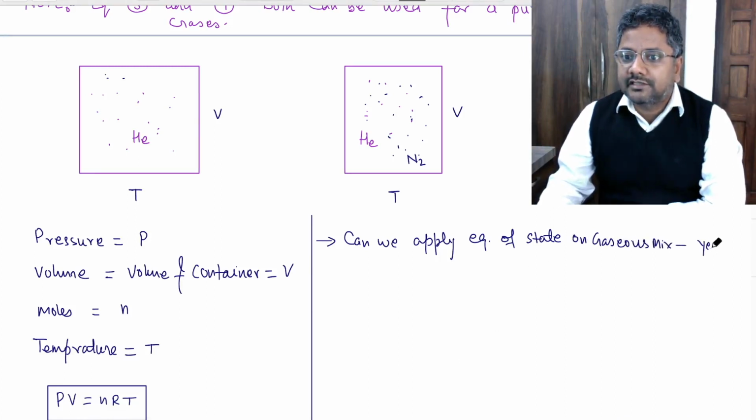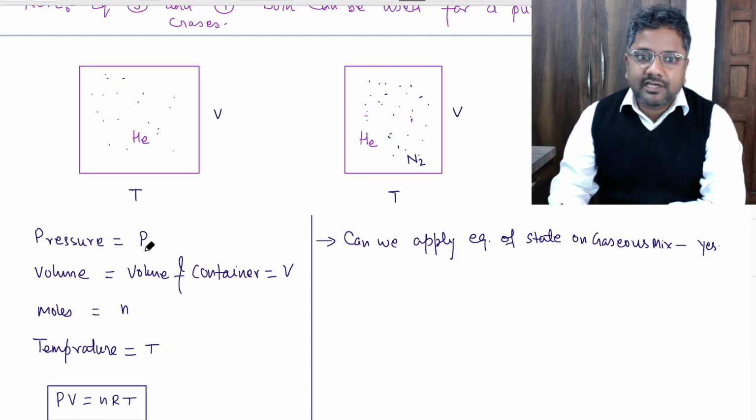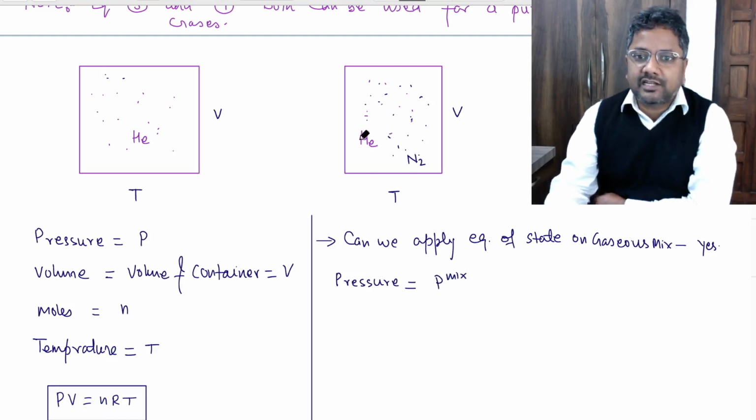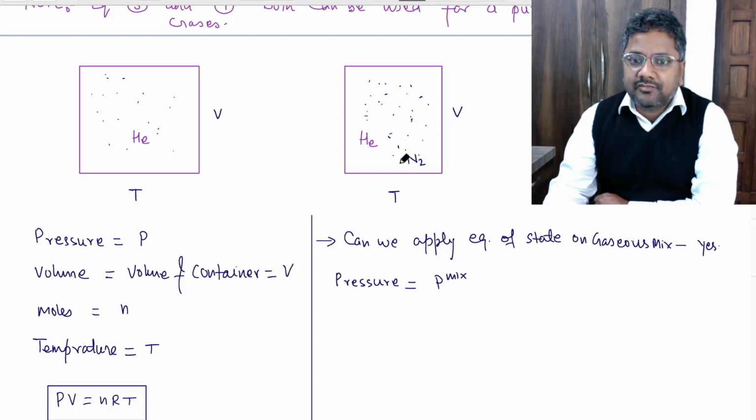The answer is yes. Now, in place of pressure, we can take the pressure of the mixture, meaning the pressure of helium and nitrogen, both in the mixture.